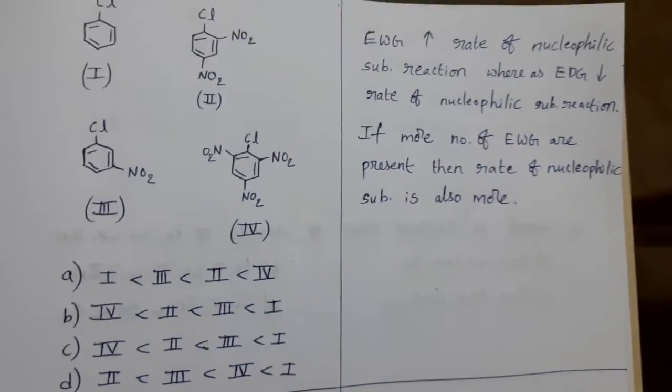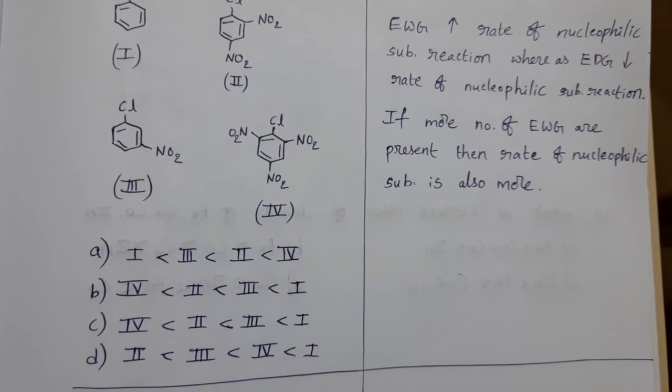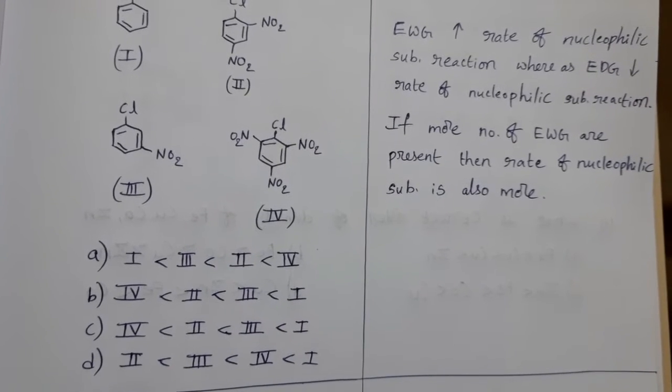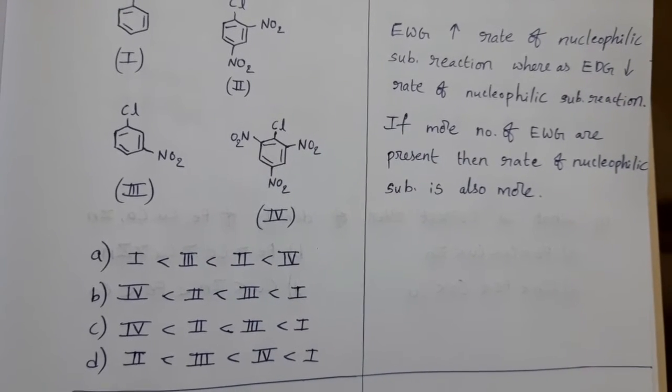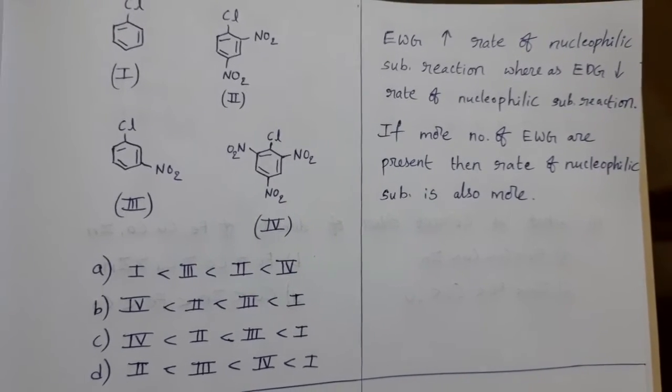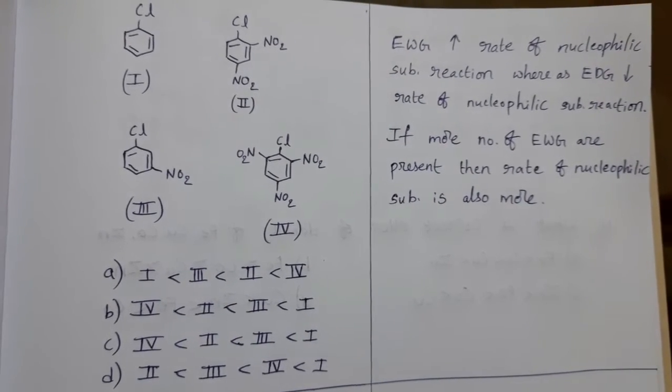Less number of electron withdrawing groups, nucleophilic substitution reaction is less. More number of electron withdrawing groups, then nucleophilic substitution is also more. That means faster the rate of nucleophilic substitution reaction.